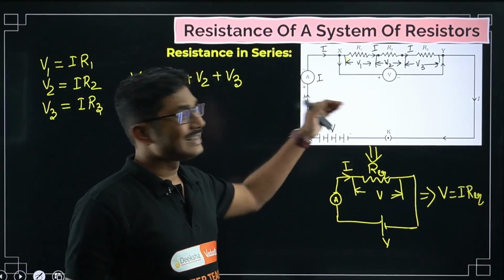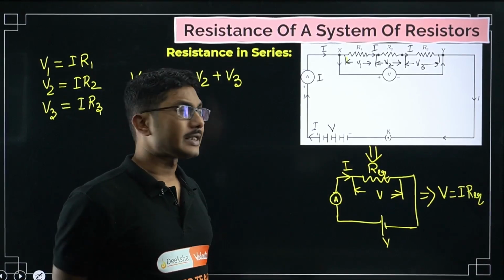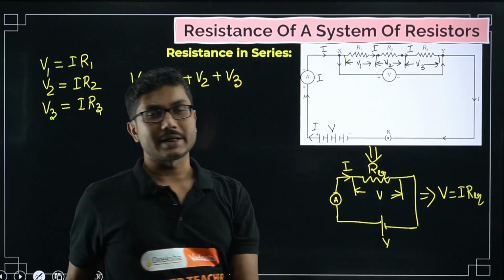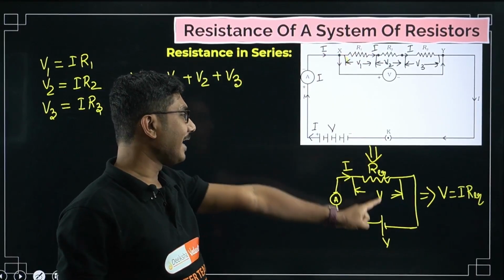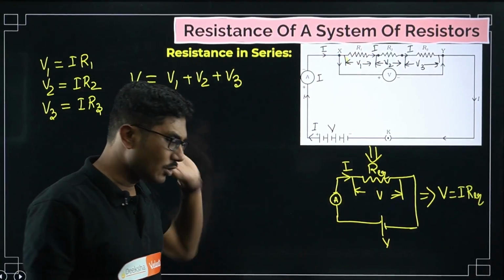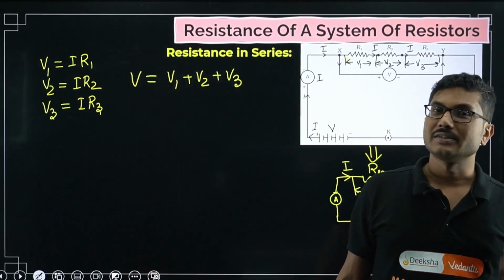It can be series, parallel, a combination of those, or a very complicated circuit. No matter how they are connected, you can always combine all the resistances and find this Req. That is the goal of solving any resistance related problem.